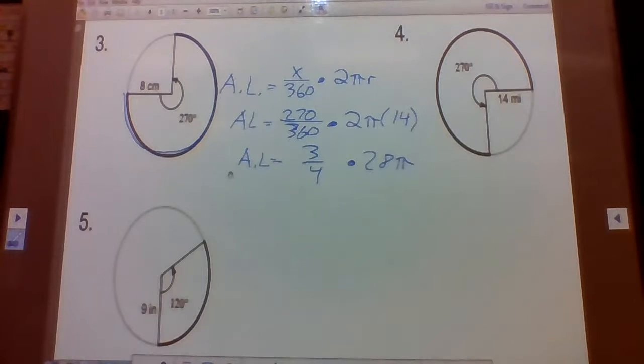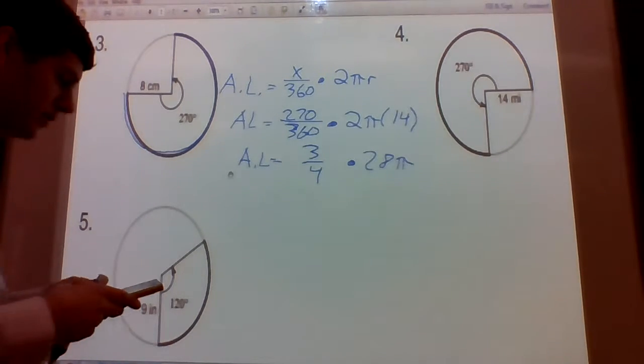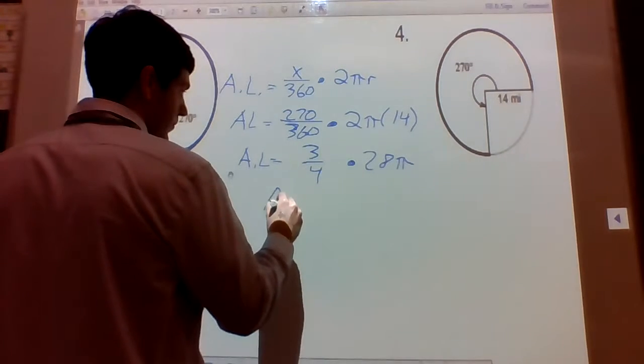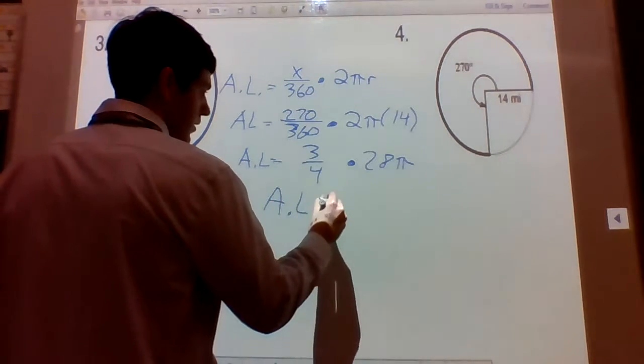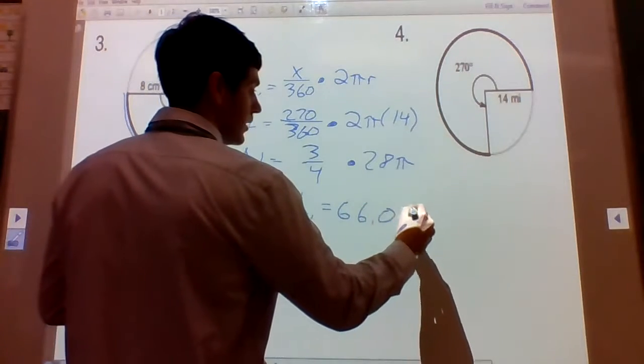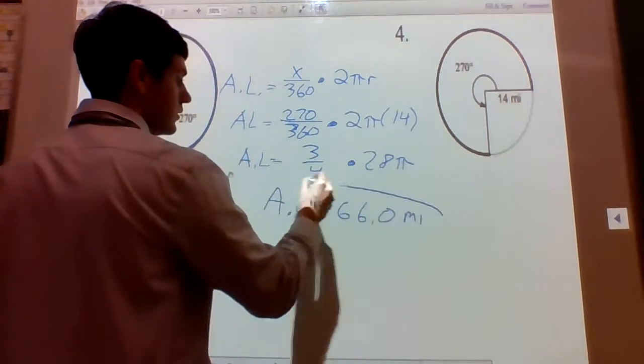So 28 times pi times 3 divided by 4 is going to give us 66.0.